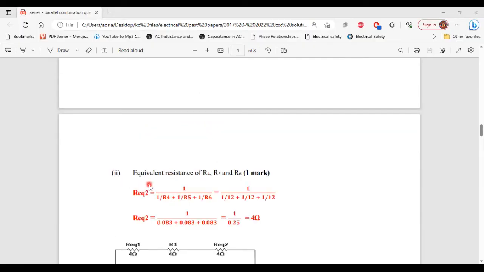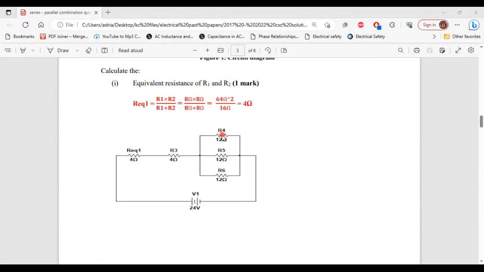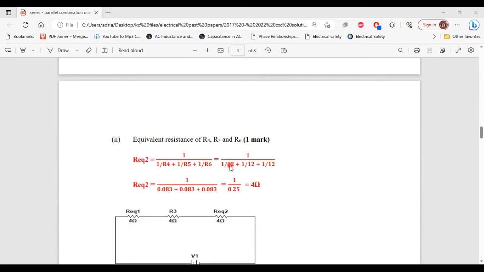For part two, it says to calculate the equivalent resistance of R4, R5, and R6. So here's R4, R5, and R6. All right. So to calculate the equivalent resistance of these three resistors, we're going to use the regular format to do so.